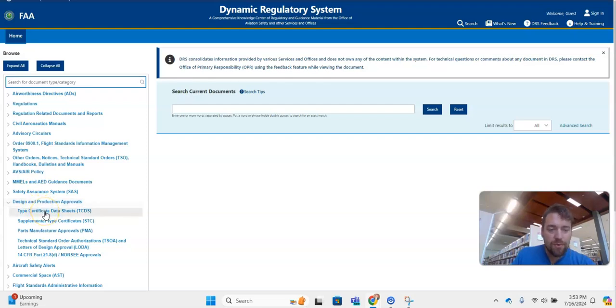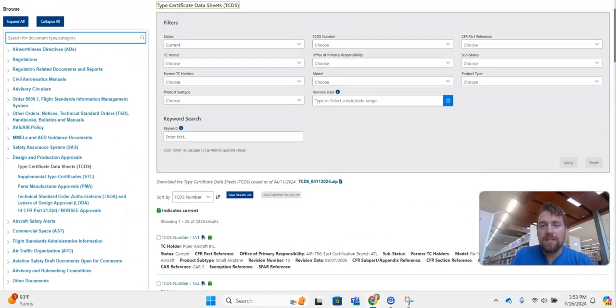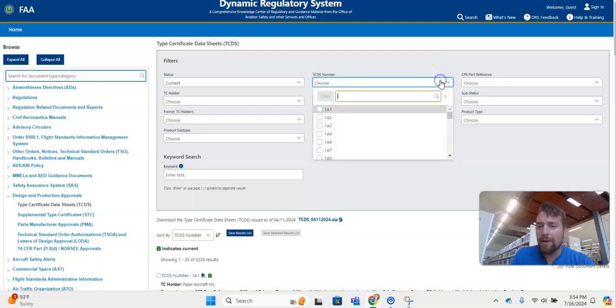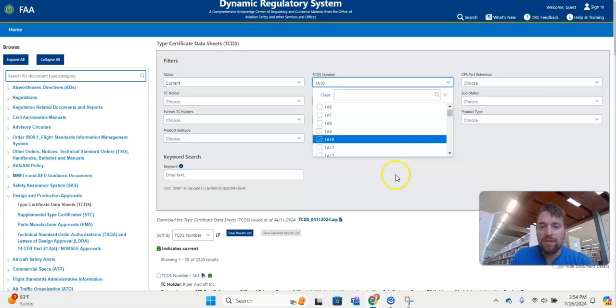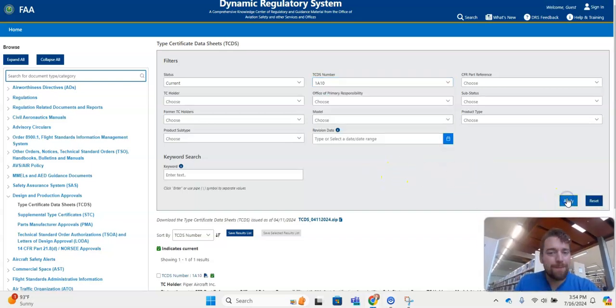And in this case, we're looking at TCDS, Type Certificate Data Sheets. Once you do that, we're going to look by the TCDS number, and I believe I told you to look for 1A10. So once we do that, I'm going to click Apply.